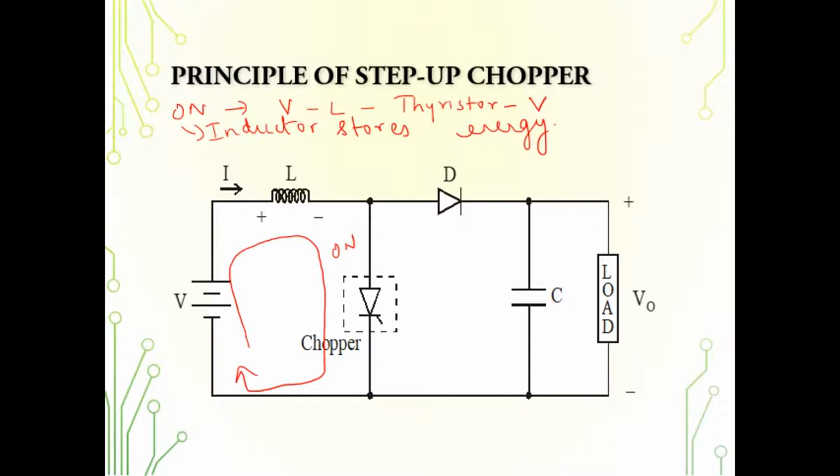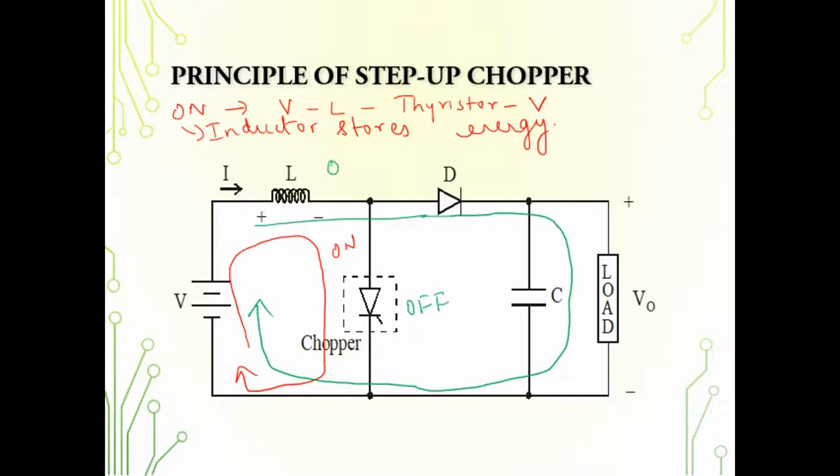So if the thyristor is off, then the current which was there in the inductor is now forced to flow through the diode because the thyristor is open. It will not conduct. So the current is forced to flow through the diode and through the load during the off period of the thyristor.